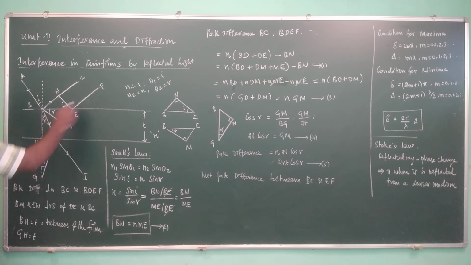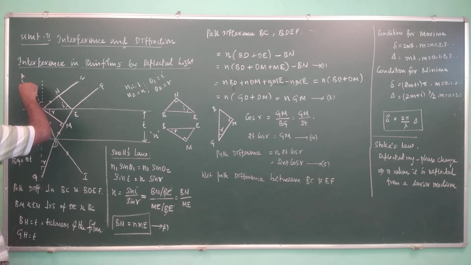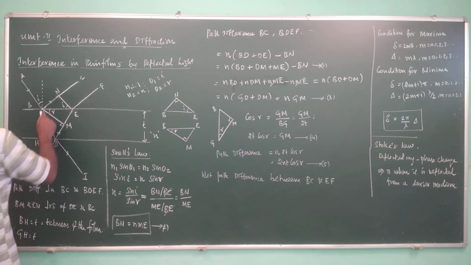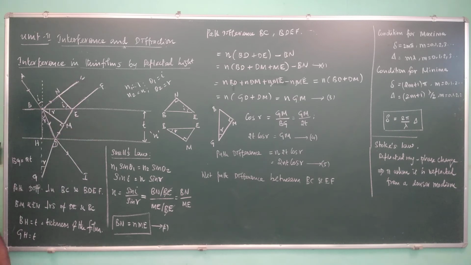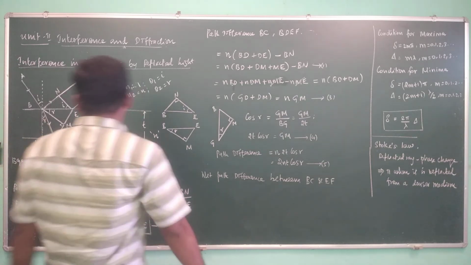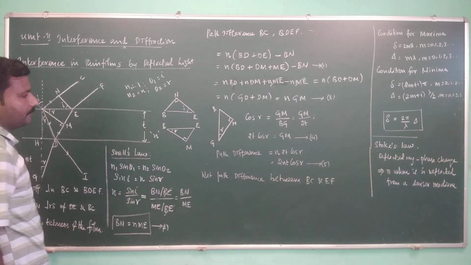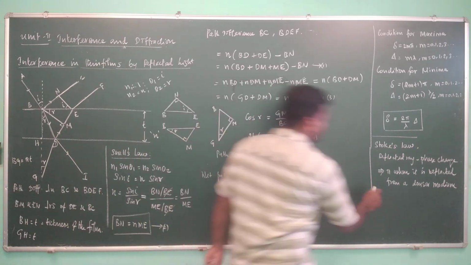See, here the light ray comes from a rarer medium and it is reflected at a denser medium. When the light ray is reflected at the denser medium, it has a phase change of pi.